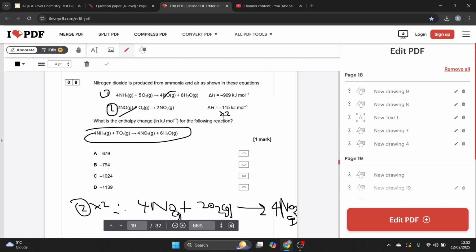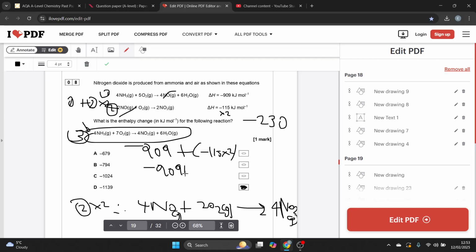Wait, minus 115 times by 2 is minus 230, and then minus 909? I'm not minusing anything, I'm adding them. Minus 1139. Because I look at the equation, I'm adding equation 1 plus equation 2 times by 2 to get equation 3. So it's minus 909 plus minus 115 times by 2, which is the same as minus 909 plus minus 230, which is the same as minus 1139, and therefore the answer is D.